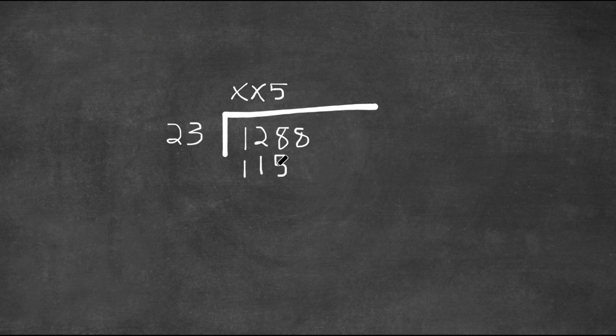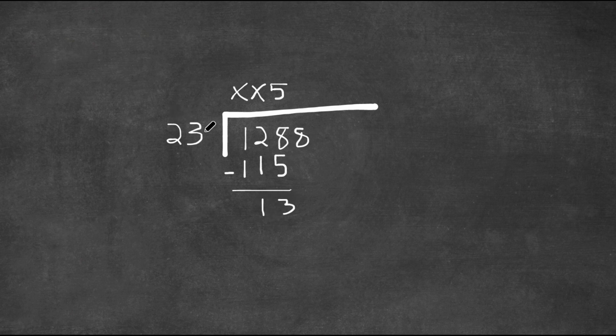So now that we have our number, we're going to subtract 128 with 115. 8 minus 5 is 3, 2 minus 1 is 1, and 1 minus 0 is 0, so we don't put anything over there. So now we have 13 here.